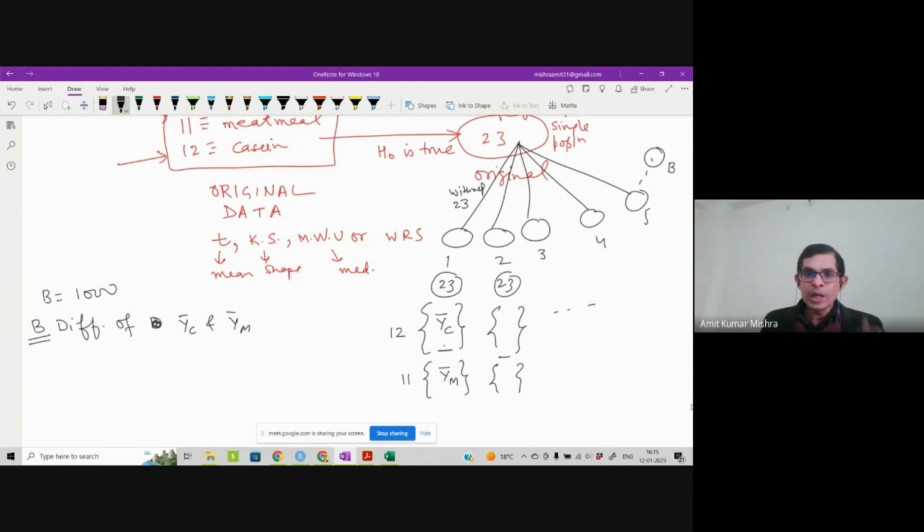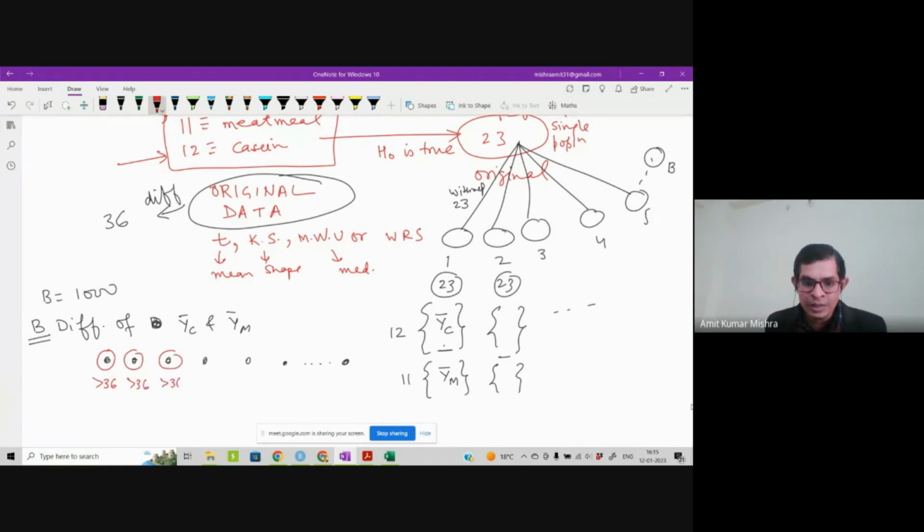Now, if from the original data the difference is, just as an example, 36. So what we are going to do, we have bootstrap differences. We are going to check whether the first difference is bigger than 36 or not, the second difference is bigger than 36 or not, the third difference is bigger than 36 or not.